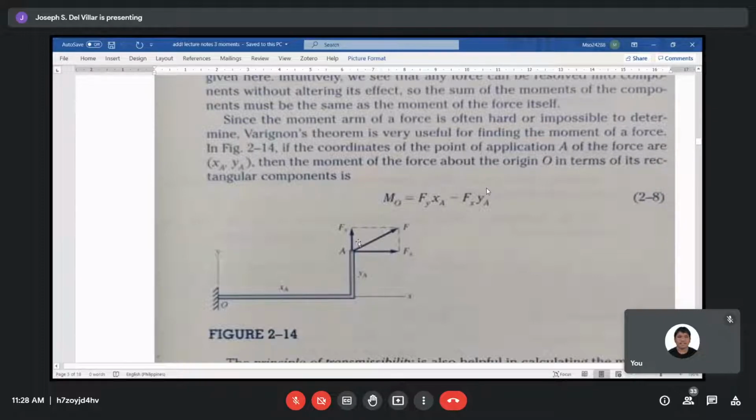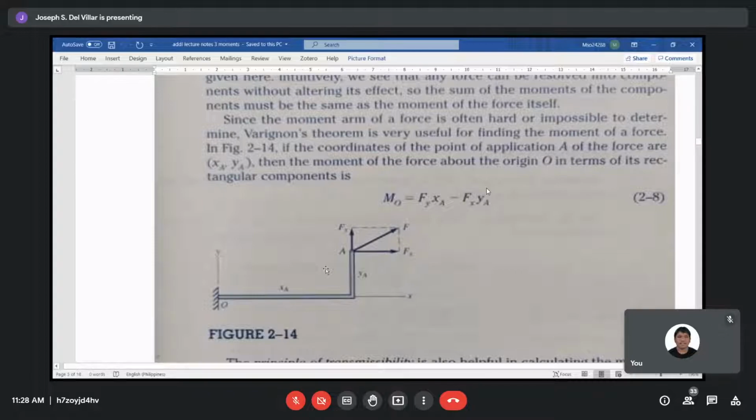So dito, itong F, i-extend niyo downward. Sundan nyo lang tong galaw ng cursor ko, no? So if you extend the line of action, mag-i-intersect siya somewhere here sa bar.